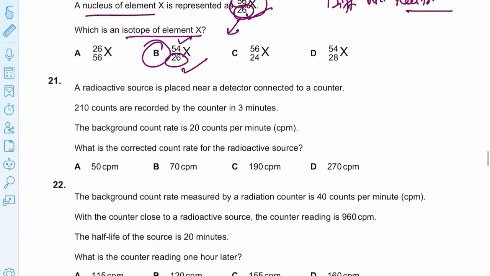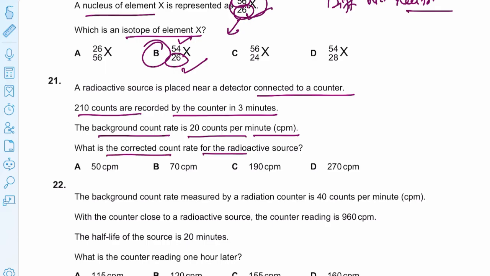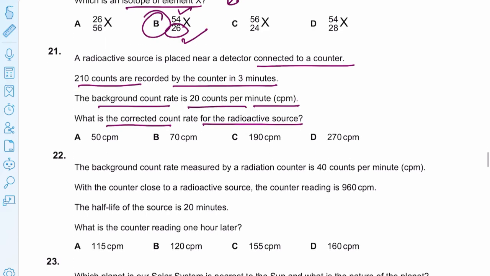Okay, question number 21. A radioactive source is placed near a detector connected to a counter. So 210 counts are recorded by the counter in 3 minutes. The background count rate is 20 counts per minute. What is the corrected count for radioactive sources? Okay, very simple. You can count like this. 210 counts for 3 minutes, right?